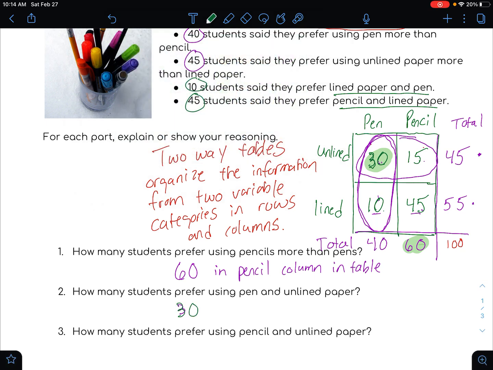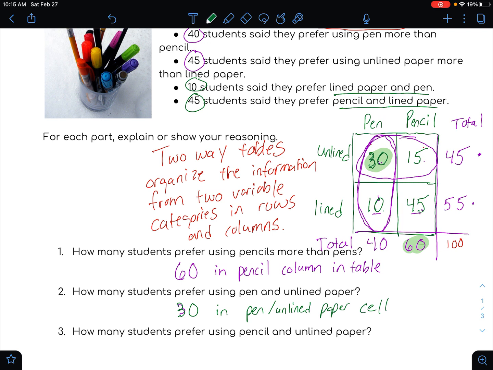So 30 in the pen, unlined paper cell. Remember, usually in a spreadsheet, when we talk about rows and columns, each one of these little spots in the rows and columns is called a cell. So there we have that 30.